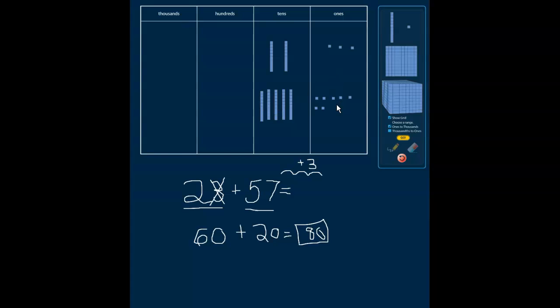But look, which one is more friendly? Visually, I could make a 10 easier with this group of ones than I could with this group of ones. But what's so super easy is I see a space here. In order to finish my tens frame, I know I need 3 more ones. So I could just take these ones that are up here, the 3 from 23, and I'm going to put them in here.